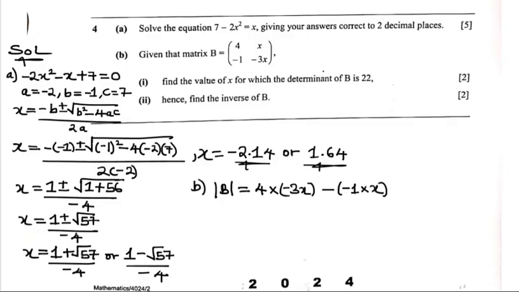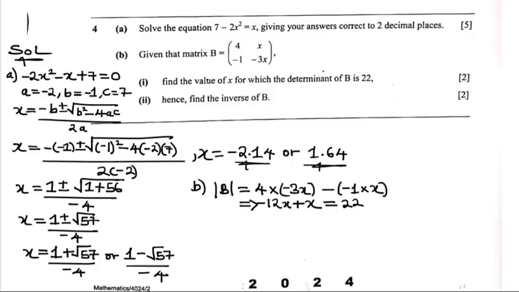So what is this going to give us? This gives 4 times -3, that is -12x. Then -1 times x gives -x, then times negative, that is going to be positive x. So now all this is equal to 22, because 22 is the determinant.